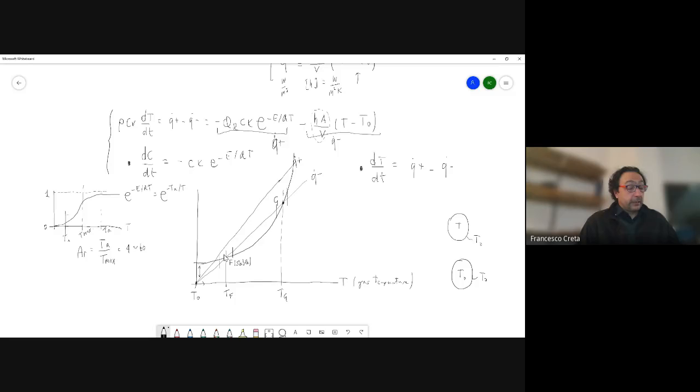On the other hand, if we increase the temperature above TG, then you see what happens. This is a unique kind of temperature, because as we increase it, for the first time Q plus is actually bigger.